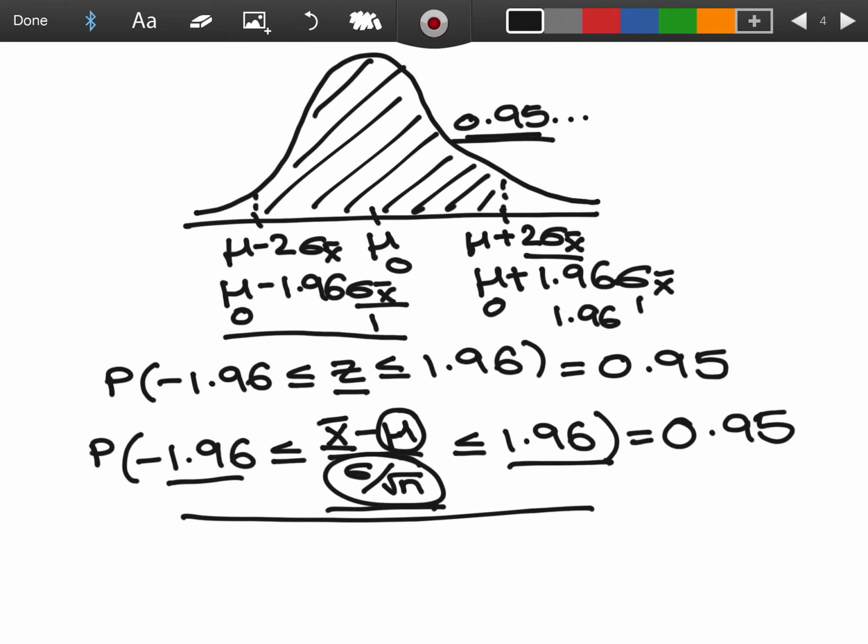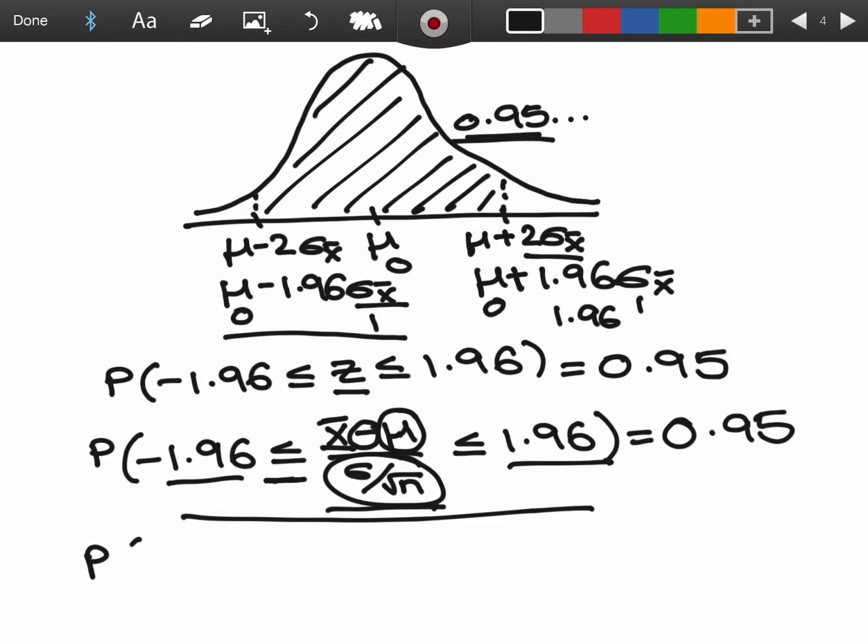Because I have a negative of the population mean, I'm going to have to multiply or divide through by -1. What that does is it flips these inequalities around. If you would like to do this, you can, or you can take my word for it.